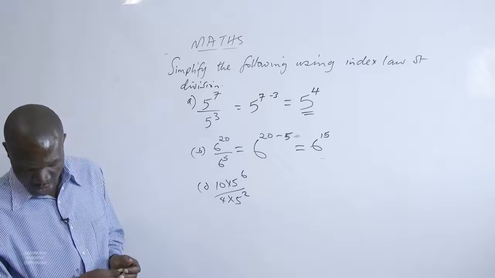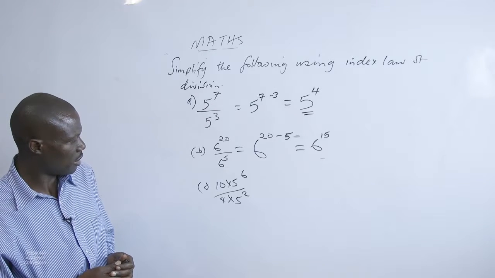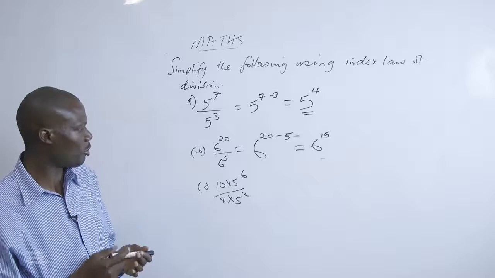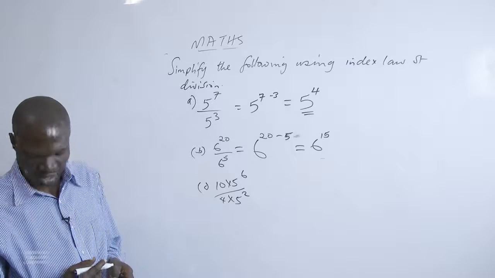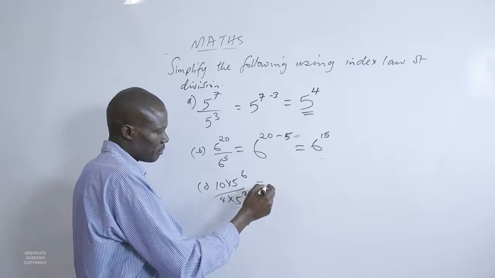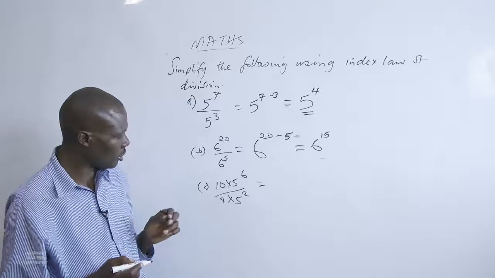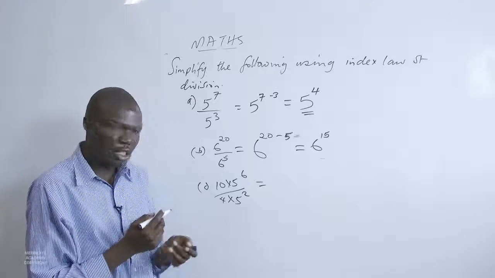Now for the last one here, we need to be keen about it, because we can move ahead and simplify further and see what exactly we are doing. Check this out. This is 4, this is 10.